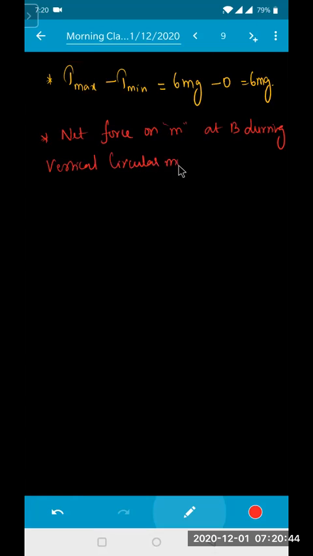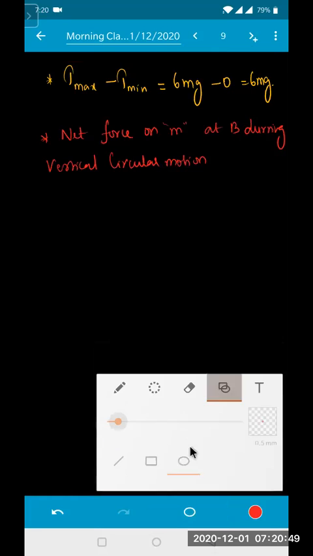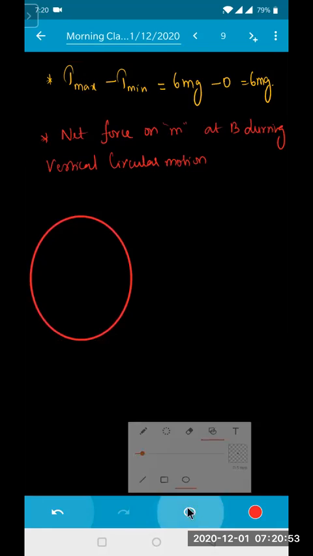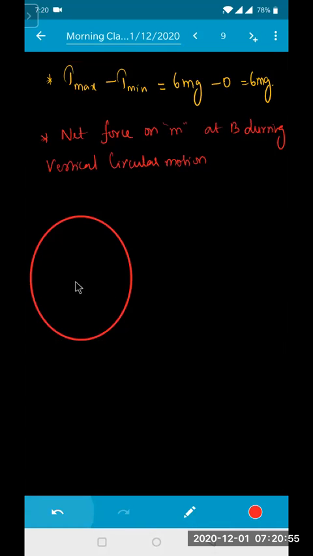Think and tell me, during vertical circular motion. This is your circular path, and here there is your center. And here is now the particle. Now net force on the particle at B. This one is B and this one is A.